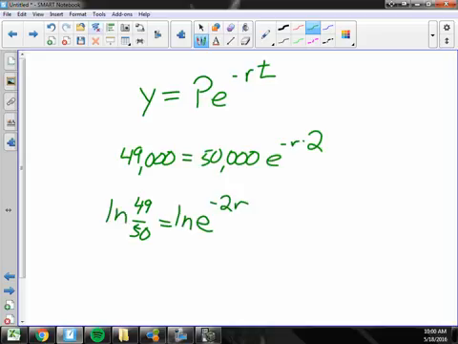ln both sides. Drop the negative 2r. This goes away. So what am I going to do to ln of 49 over 50? Divide it by negative 2. I went really fast. Does everybody get that? Where'd you get lost, Dave? You get it?